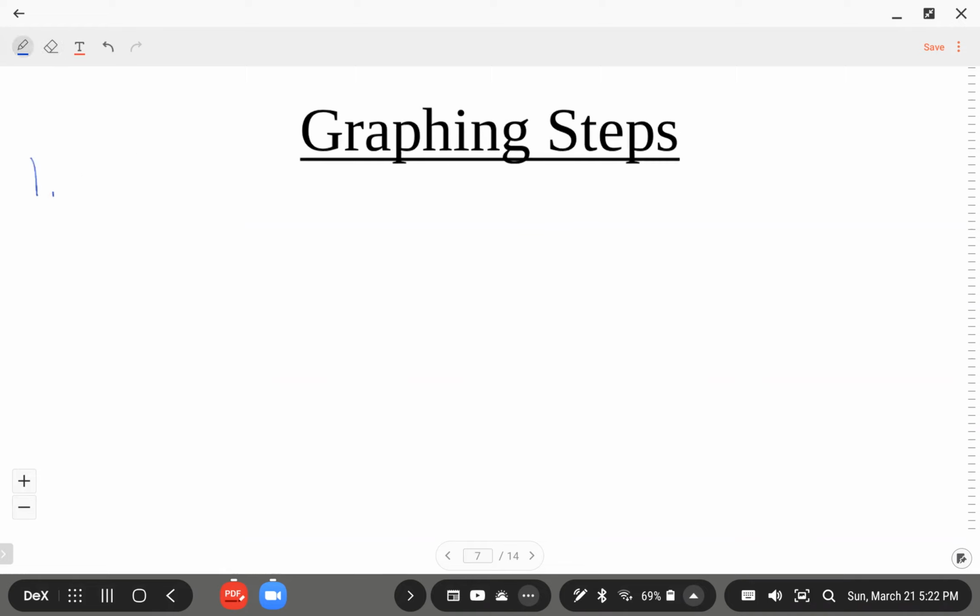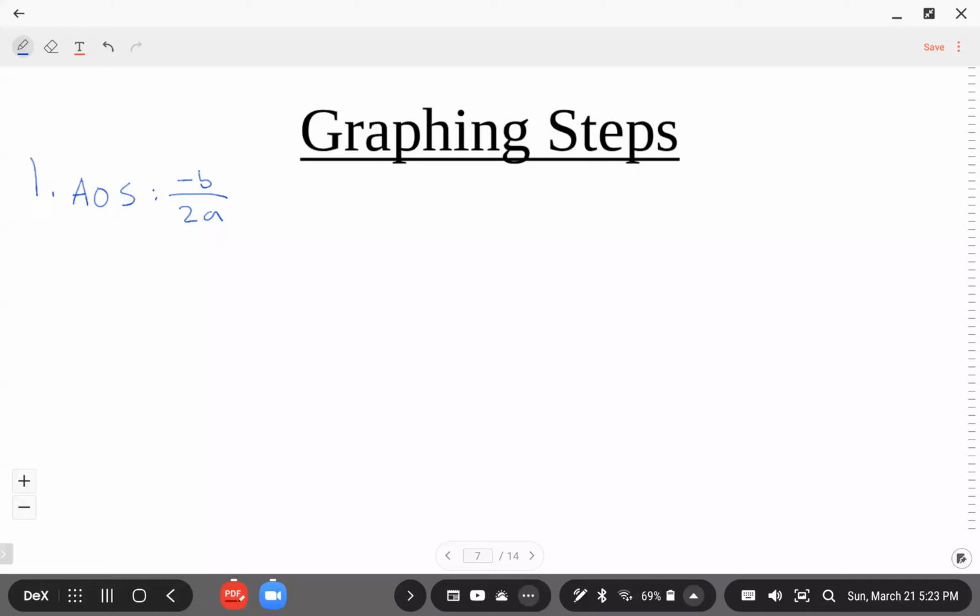The first step is finding our AOS, which is the axis of symmetry. And we use the formula negative b over 2a. I'll explain how we determine if a parabola is up or down later, in step 3. So we need to find our AOS.